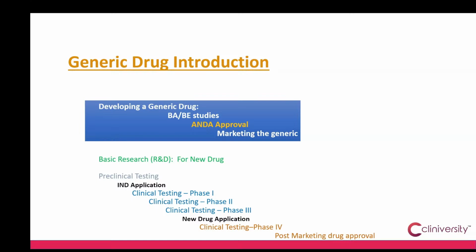Generic drugs are allowed for sale after the patents on the original drugs expire, because the active chemical substance is the same as your original drug. And a generic drug also has the same active pharmaceutical ingredient, we call it API, as the original drug.